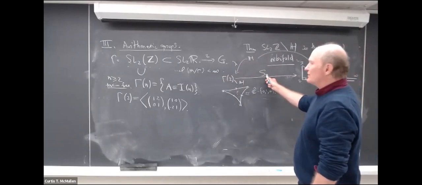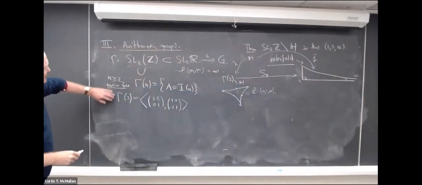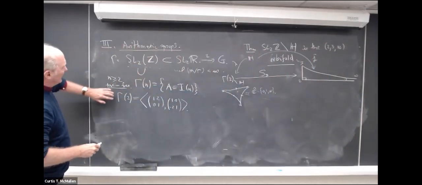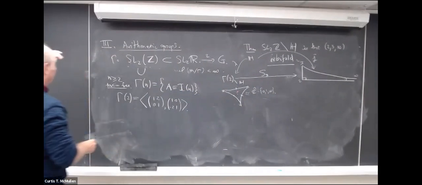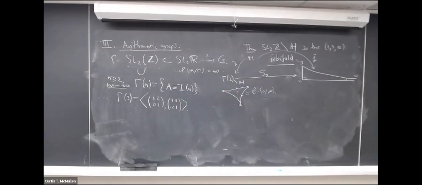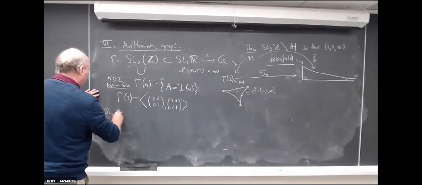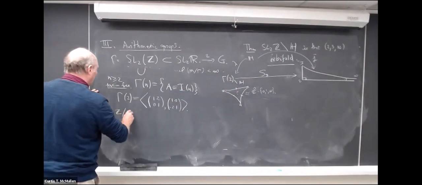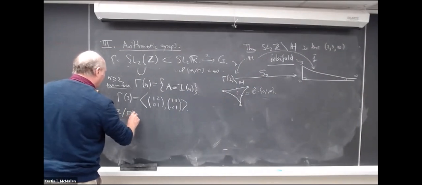Now, what is this group S3 really? Actually, it's just the quotient of SL2Z by gamma of n. And we should really take PSL2 to get this right, because we're acting on the upper half plane. We always have plus or minus the identity in our group. So this deck group here is essentially the same as SL2Z modulo gamma of n.